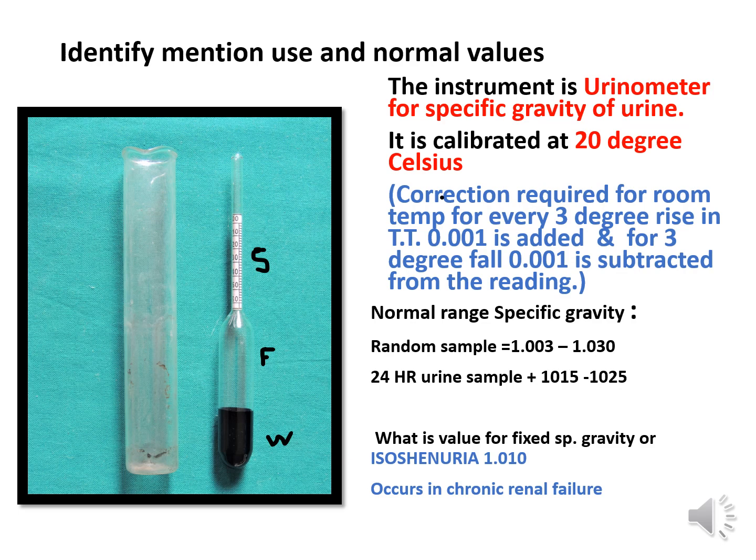Specific gravity is fixed because the renal tubules have lost their function of dilution and concentration in certain chronic renal diseases. So in chronic renal failure, you get fixed specific gravity. Now I'll be dealing with the charts of the urine examination and how to decipher the diagnosis from the urine report, and the next video probably is on that.